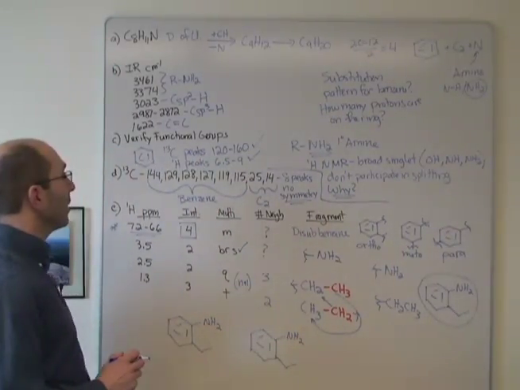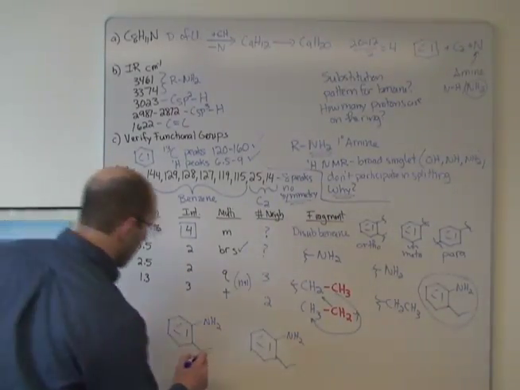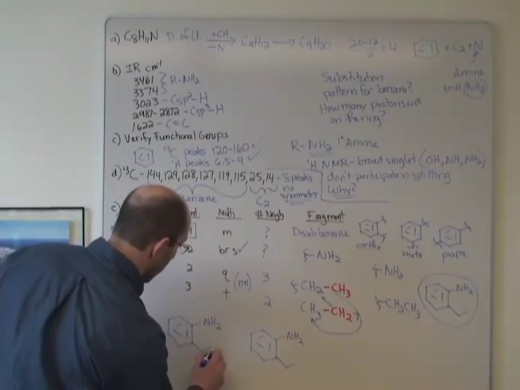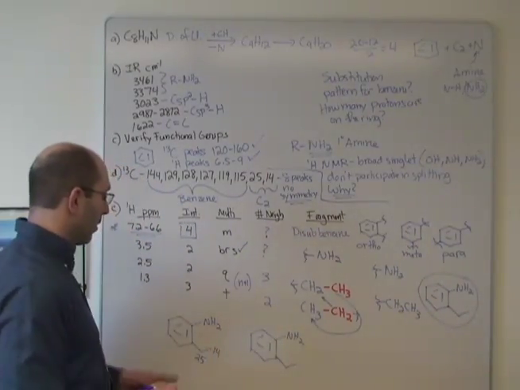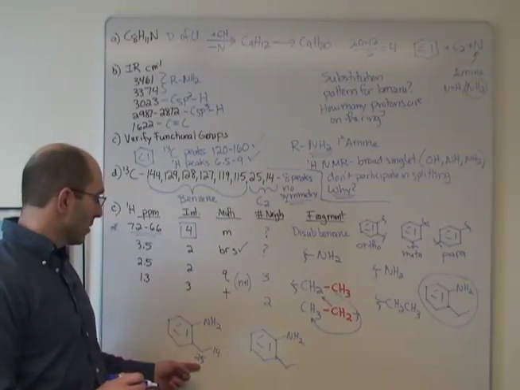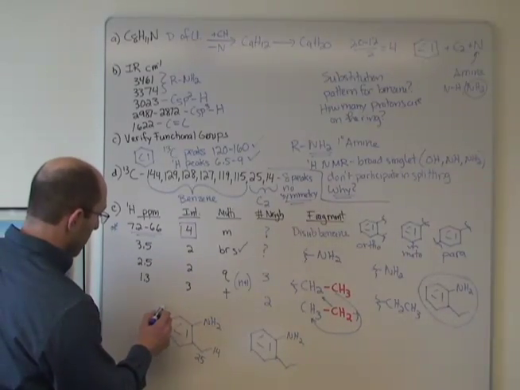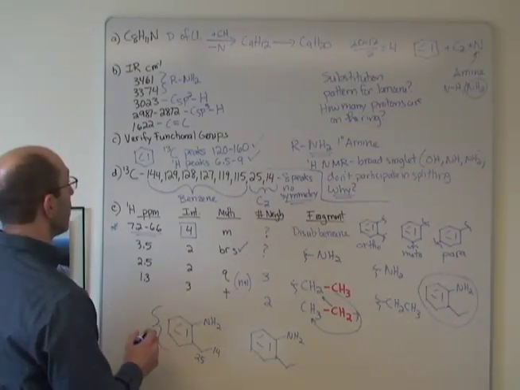And let's see if we can place the peaks from the carbon-13 and the proton NMR. So for the carbon-13, that's going to be 25, that's going to be 14. 25 is a little bit more downfield, lower electron density, because it's next to the benzene ring. The carbons in the benzene ring are going to be all the ones up here.